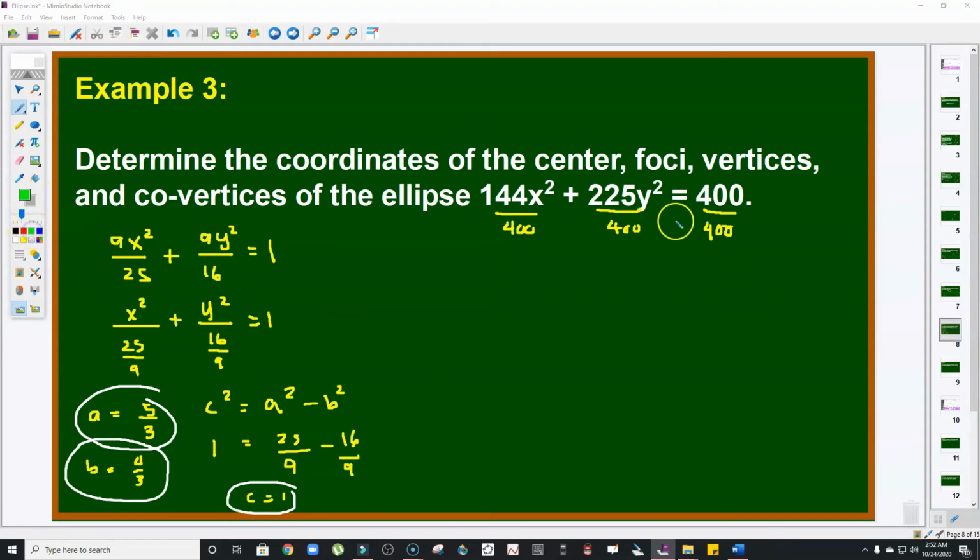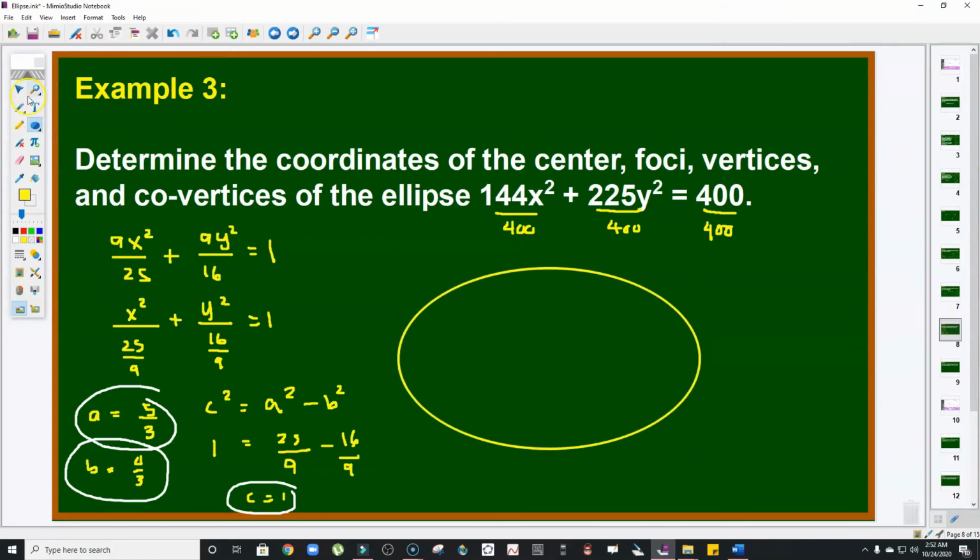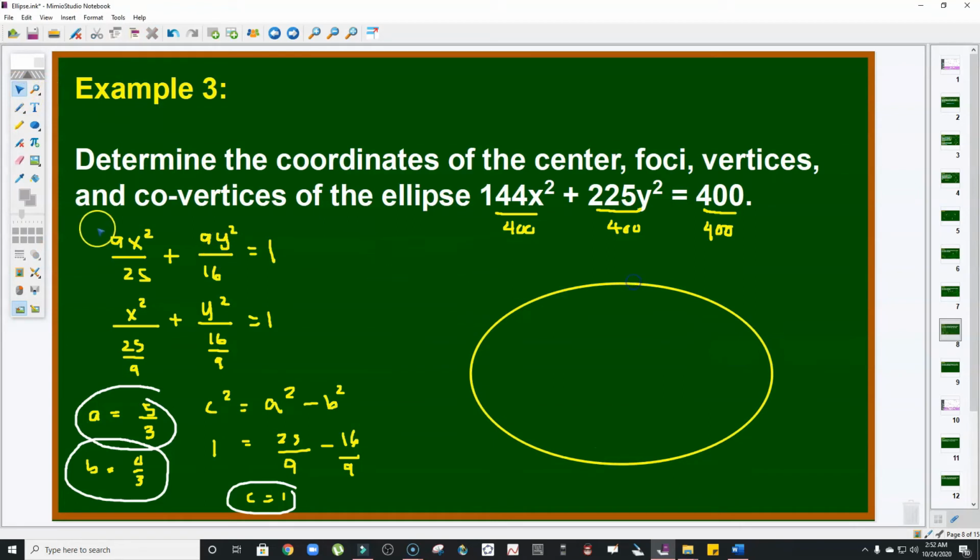So, madali na to kasi, drawing ulit tayo para ma-visualize natin ang ellipse. Horizontal major axis. Madali to in the sense kasi 0, 0 yung origin ko. So, my center is 0, 0. Now, yung C ko, yung distance from center to focus. Take note, ang C is CF.